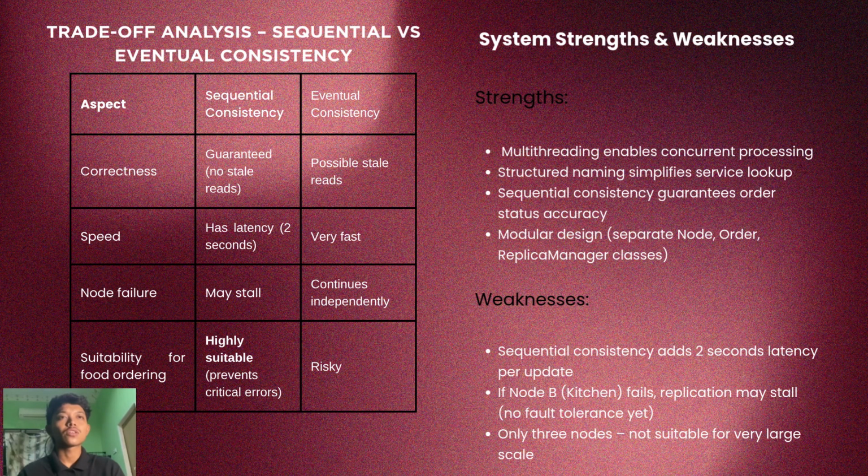For example, node, order, and replica manager are separate classes. For weaknesses, sequential consistency adds latency of about 2 seconds per update. Next, if node B, the kitchen, fails, replication may be stale. We have not implemented fault tolerance yet. Currently, only 3 nodes, not suitable for very large scale deployment.